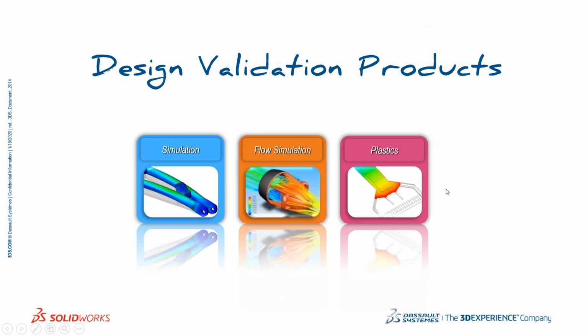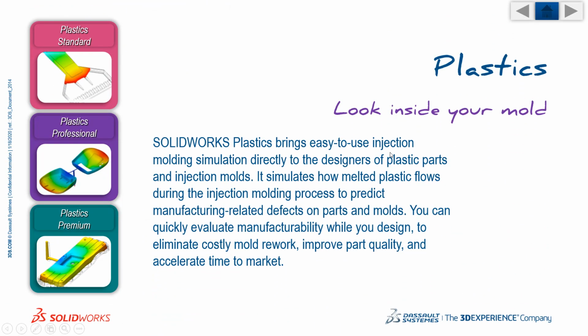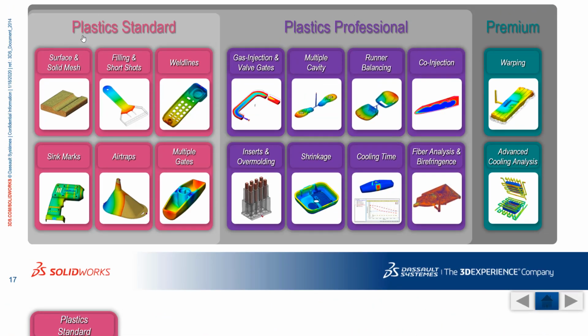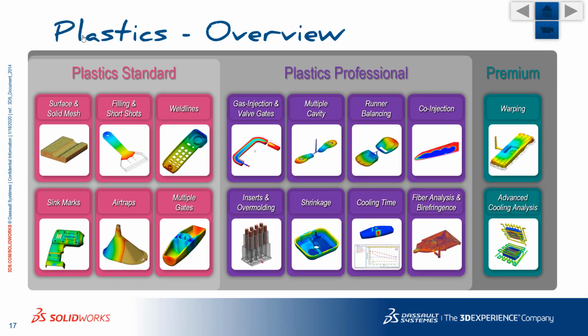And then we move over to the injection molding analysis tool, SOLIDWORKS Plastics. So again, using that typical SOLIDWORKS naming convention, you have standard, professional, and premium. So let's take a look at the different flavors of this tool. So plastics standard, professional, or premium, we can think about the person who might be using this tool.